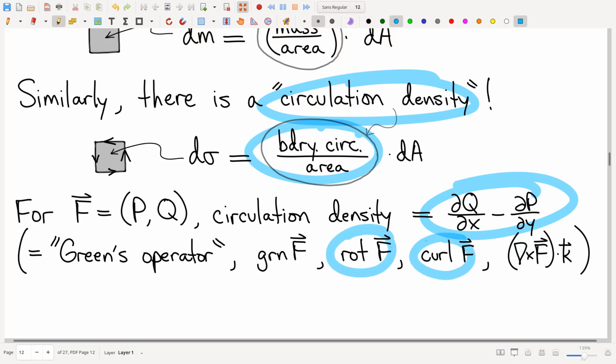Rote and curl are some common notations for this, for reasons that will make more sense soon. These are common choices of words. And then we also have Green's operator. I like to call this Green's operator because we're about to write down Green's theorem.